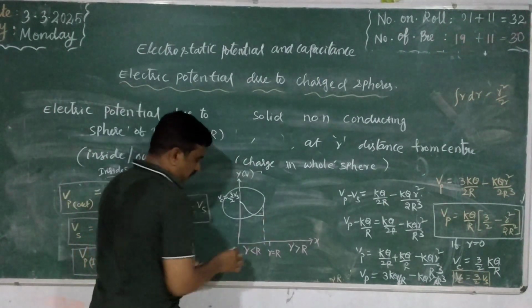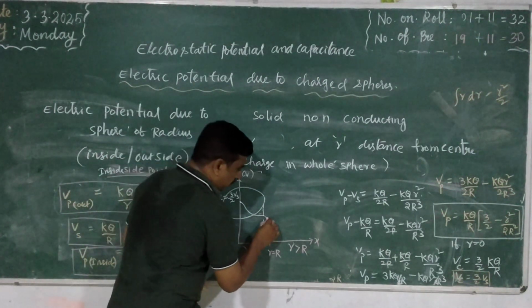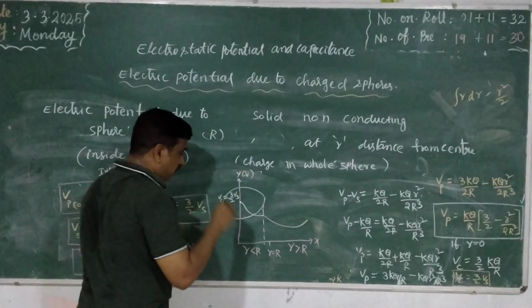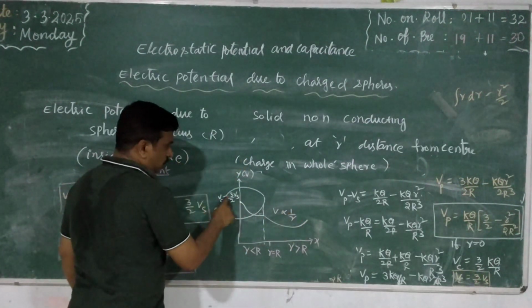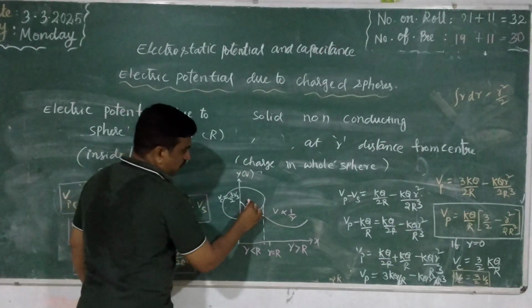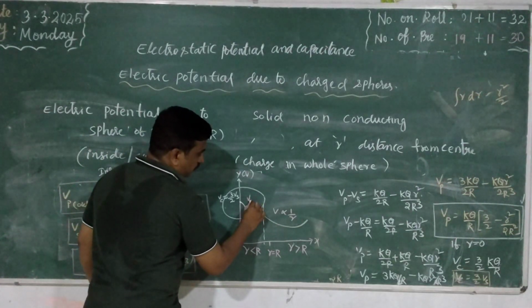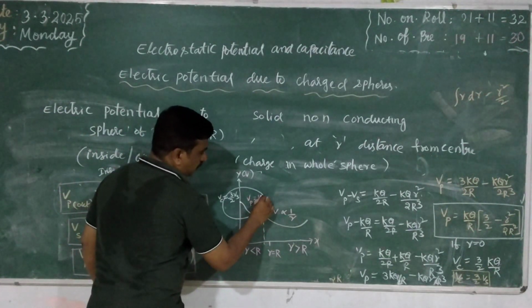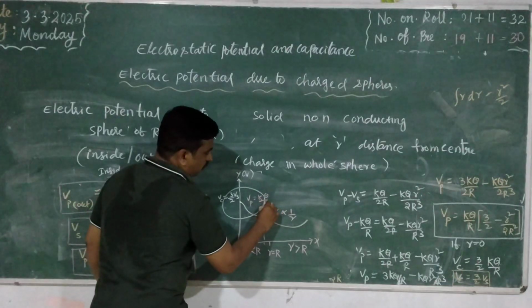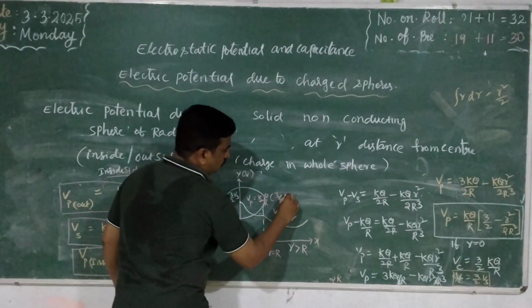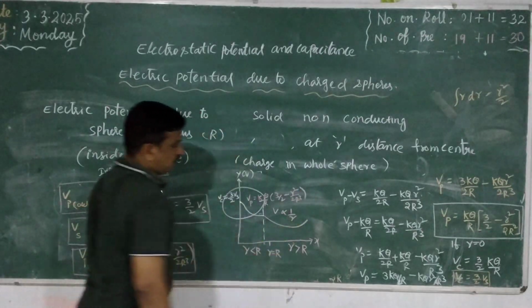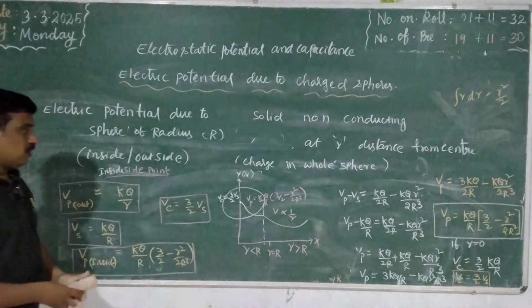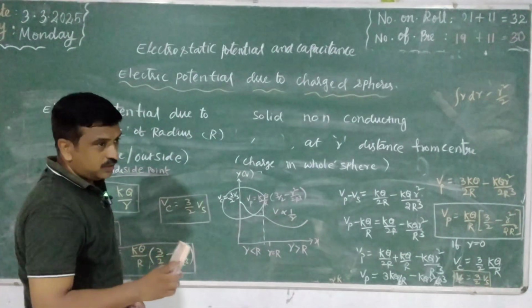After this point it will again decay. In this graph, outside V is proportional to 1 by r, at the center V is 3 by 2 Vs, and inside V equals kQ by r, 3 by 2 minus r square by 2 R cube. It is the graph for a solid non-conducting sphere.